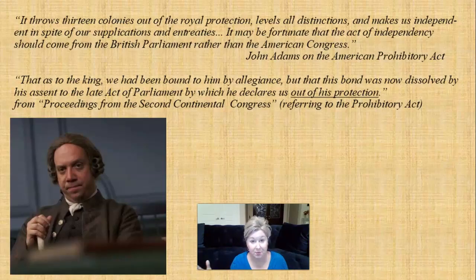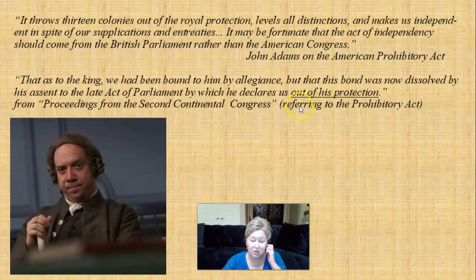In spite of our supplications, we didn't want to be independent. We told him we didn't want to be independent. He made us independent. He says it may be fortunate, I would highlight this, that the act of independency should come from the British Parliament rather than the American Congress. Who declared independence? Well, by their actions, the king and Parliament declared independence from their own colonies.